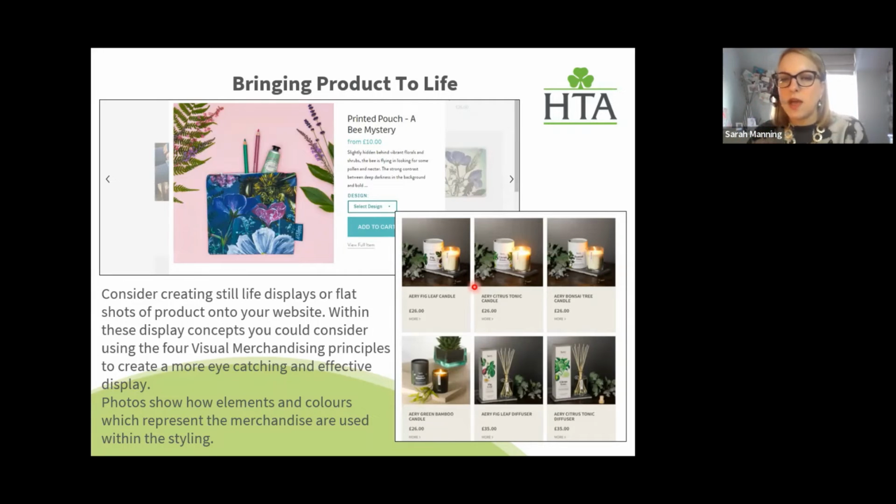This is one of their pages which you can currently see, but I like how their candles have just got a little bit more greenery to them, just a bit more texture. It's quite an interesting wooden surface, so it's making the product look a little bit more aspirational rather than just showing a screenshot of that product.